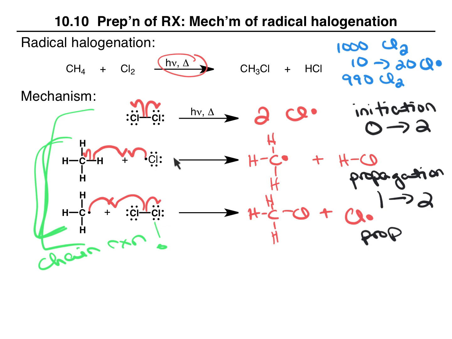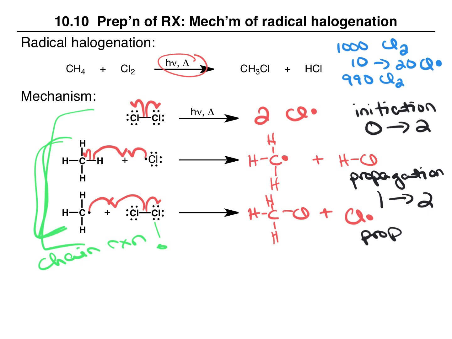A chlorine radical could bump into a chlorine molecule, just giving different chlorine radicals, but it could bump into a molecule of methane, leading to something different. So it's very important to keep in mind that we are talking about a chain reaction, that it is very likely for a radical to bump into a molecule, or this radical to bump into this molecule. It is much less likely for a radical to bump into a radical.